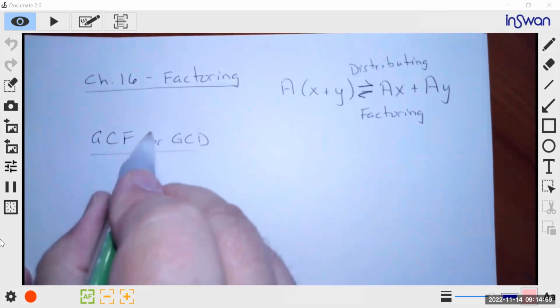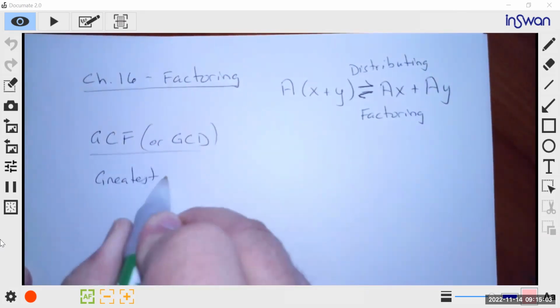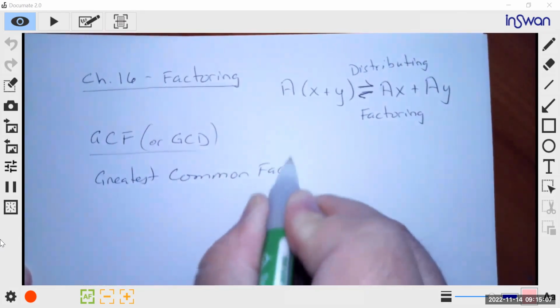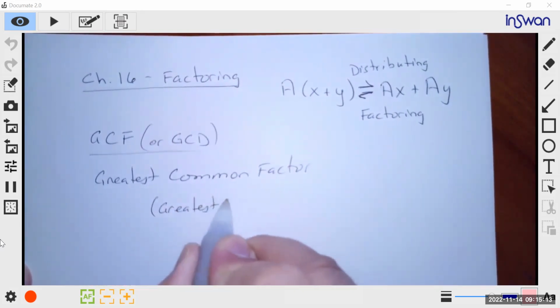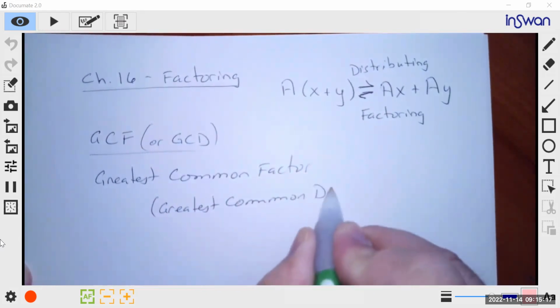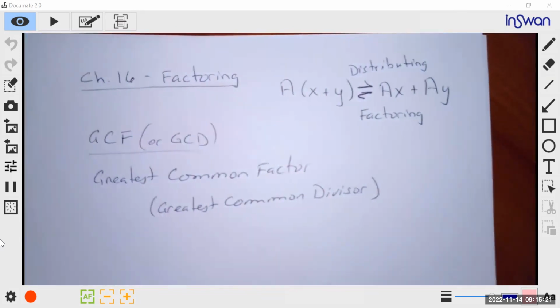Remember these words? Greatest common factor, or greatest common divisor. They mean the same thing.